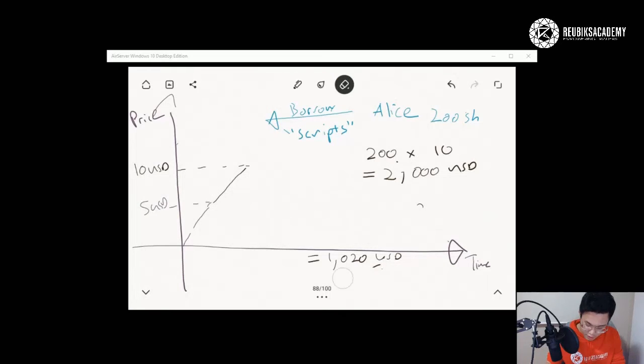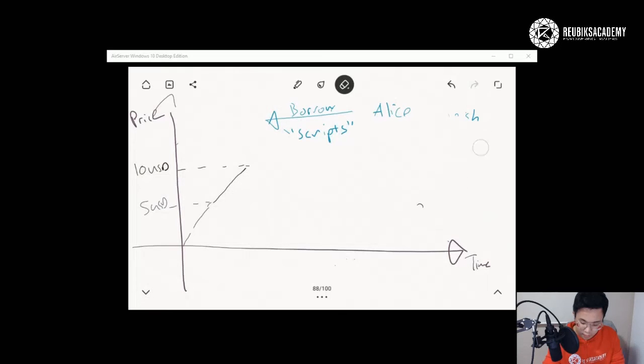Now, what is the observation that you can make from what I just demonstrated? Short selling is extremely dangerous and it is not recommended for amateurs or new entrants to the market. It is not recommended for newbies, because what if the price does not stop at 10 USD?